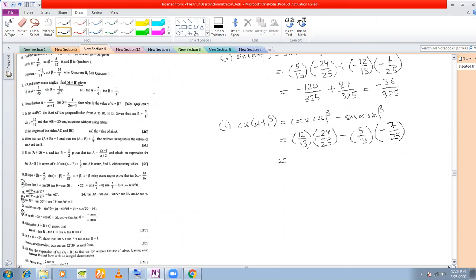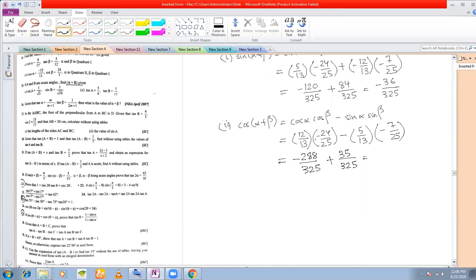So now we calculate the value. So this is 12 into 24, 288 minus 288. 13 into 25 is 325. And this minus minus becomes plus 5 into 7, 35 divided by 325.